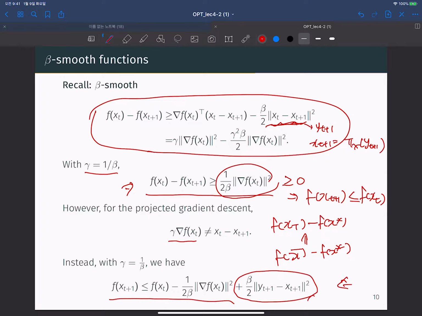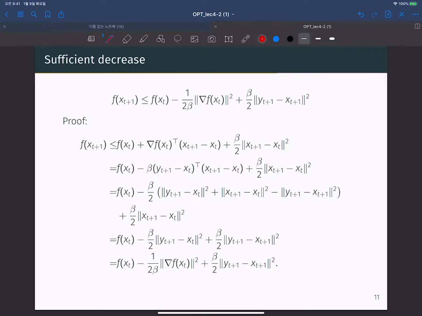Without this part, this inequality is exactly this one. But because of the projection, we need this additional term. Okay, good. Let's show this sufficient decrease lemma.